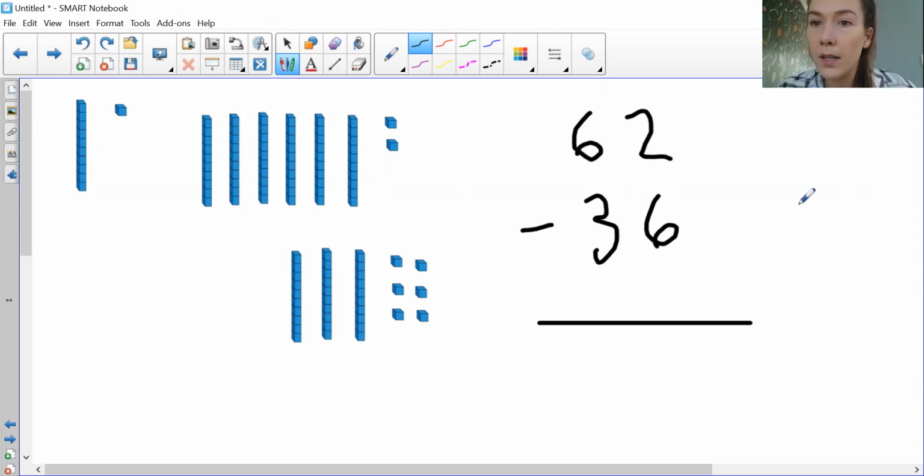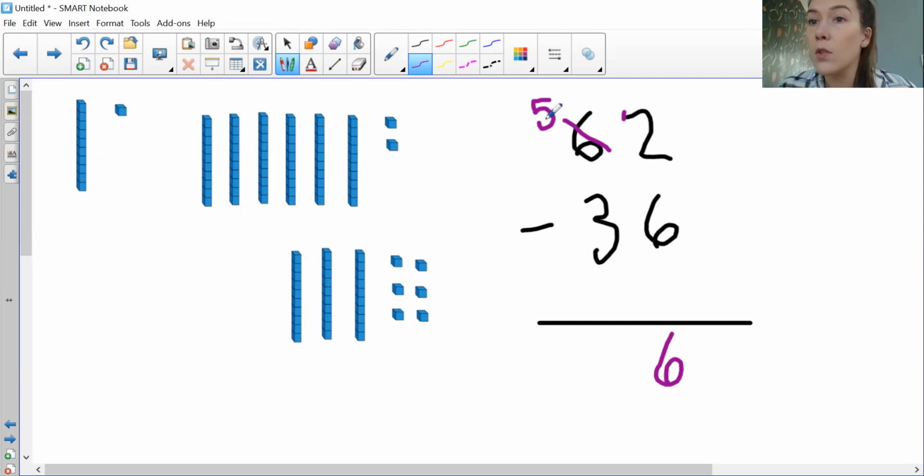As before, we're going to need to borrow because 2, we know we can't take 6 from that. So we're going to have to borrow from next door. So that gets crossed out, and we take 1 ten away from the 6, so it becomes 5. And that carries on there. So 12 subtract 6 is 6.